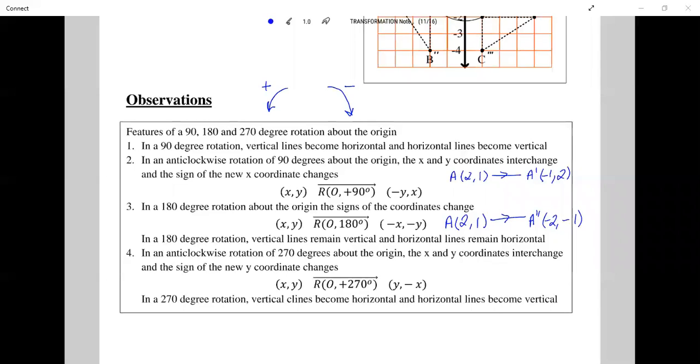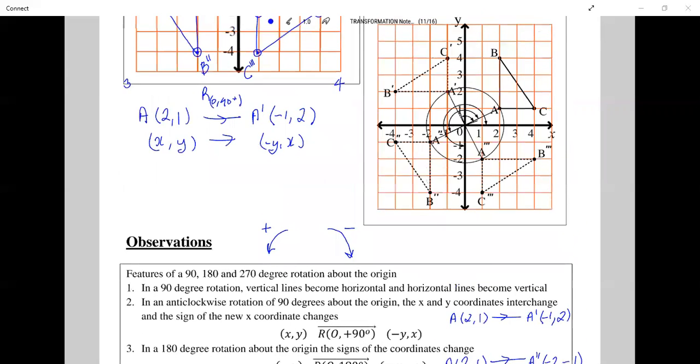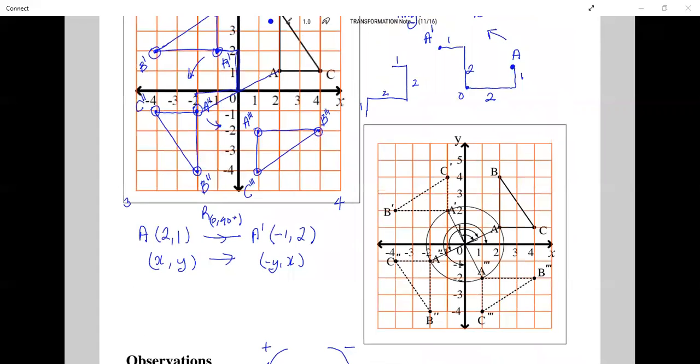So the point A, which is (2, 1), becomes the point A triple prime, which is (1, -2). You can see all of that in the diagram for yourself. A, which is (2, 1), became (1, -2), which is the coordinate of A triple prime.